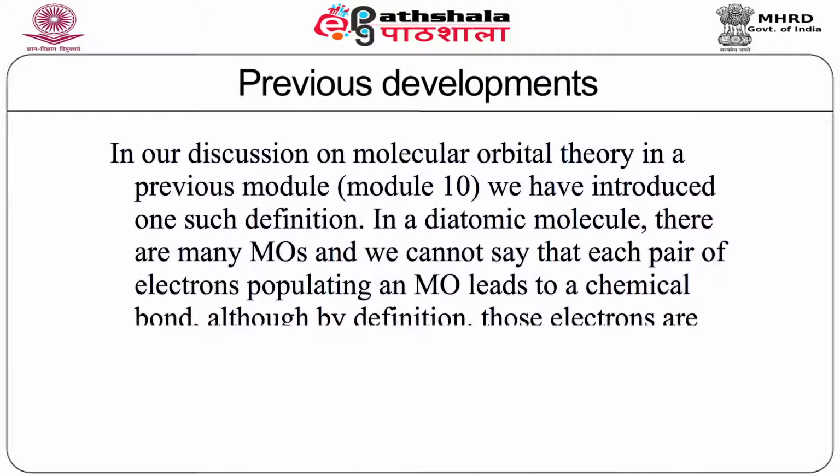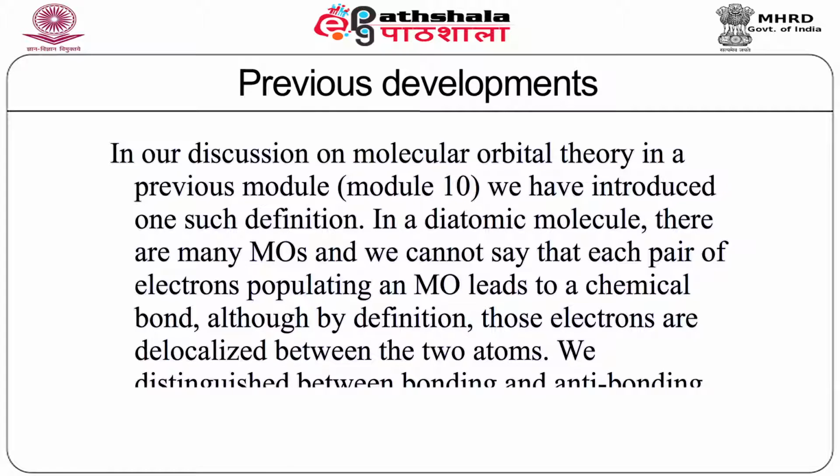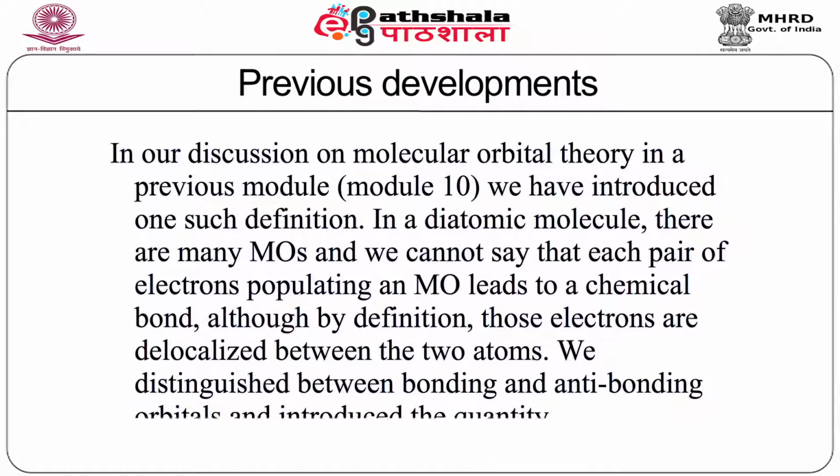In a diatomic molecule, there are many molecular orbitals, and we cannot say that each pair of electrons populating an MO leads to a chemical bond, although by definition those electrons are delocalized between the two atoms.